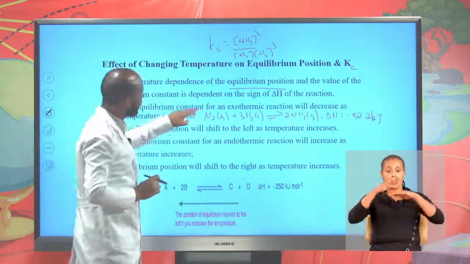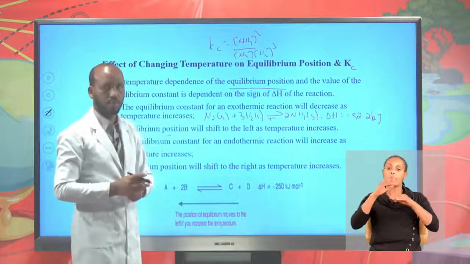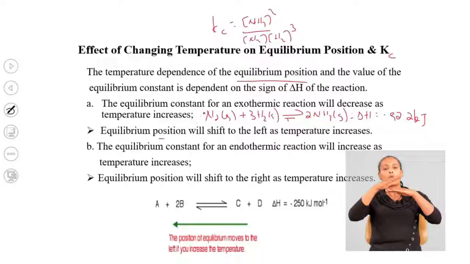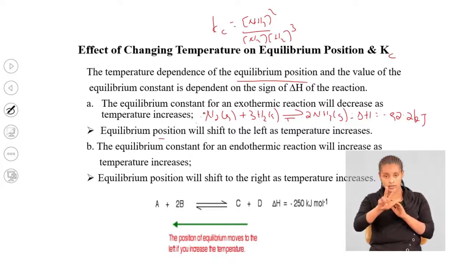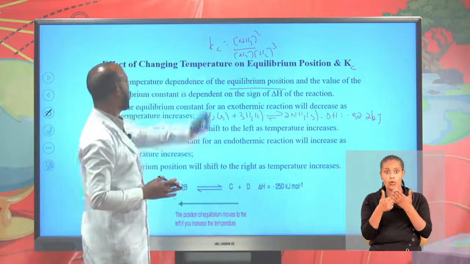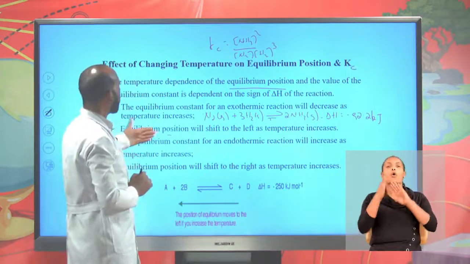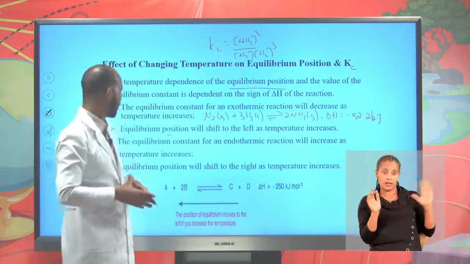When the temperature of this equilibrium reaction increases, equilibrium shifts to the endothermic side. Therefore, the concentration of ammonia decreases. Kc and the concentration of ammonia are directly proportional, so Kc also decreases. You see? Equilibrium position will shift to the left as temperature increases.